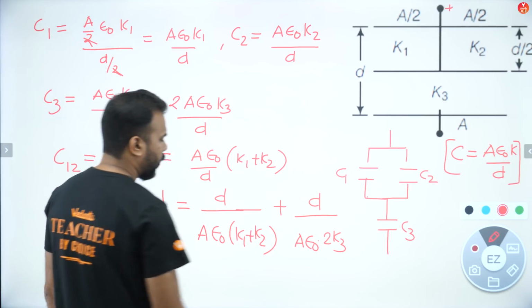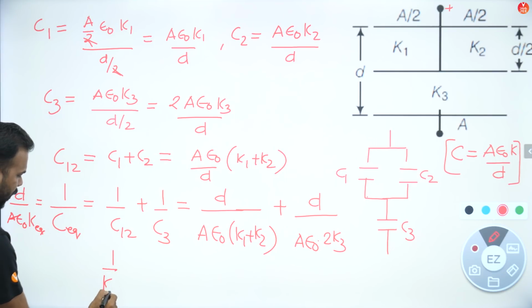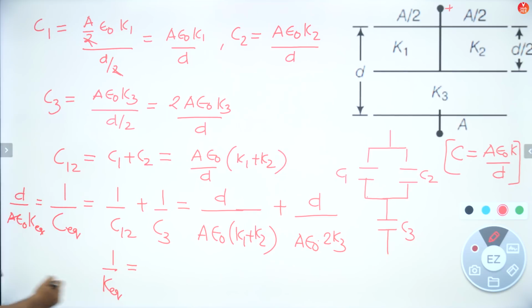Okay guys, if you compare it with the equivalent capacitance, which is supposed to be D upon A epsilon naught K equivalent, then you can say that 1 upon K equivalent can be compared. D by A epsilon naught is the same across.